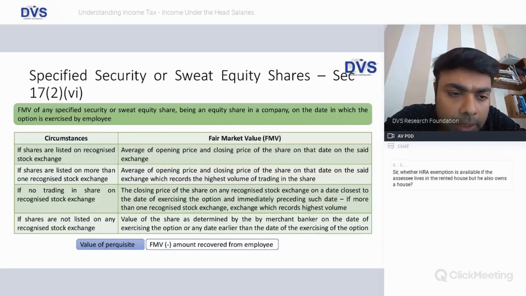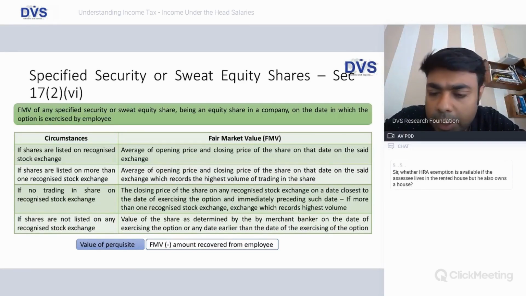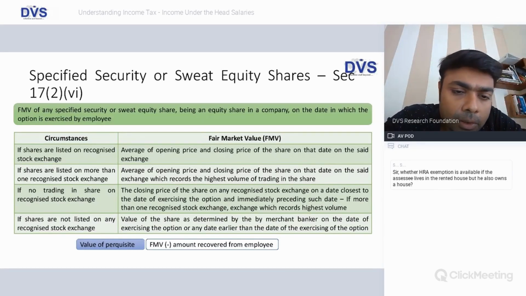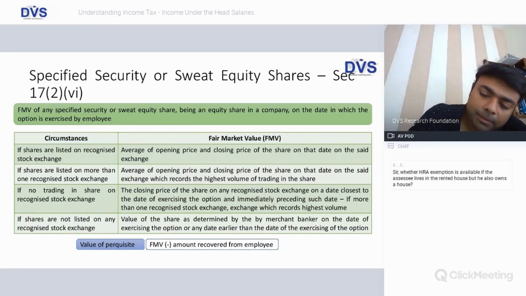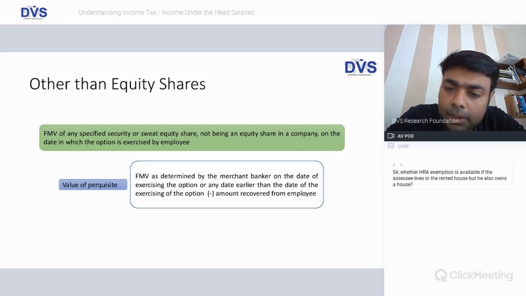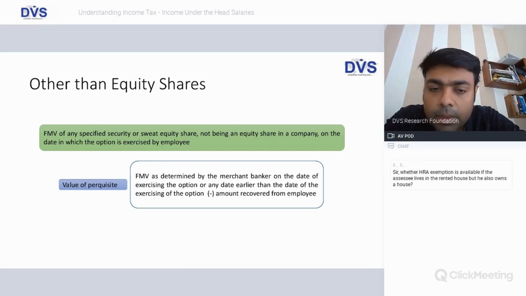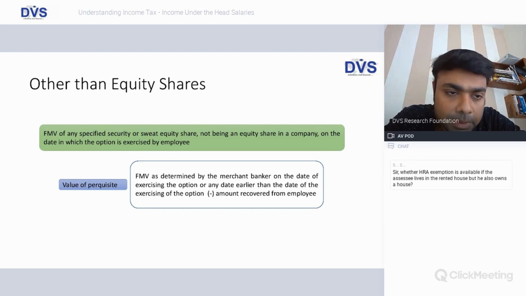If there is no trading on the share on the recognized stock exchange, then take the date closest to the date of exercise, preceding the date of exercise. And if the shares are not listed, then you go through a merchant banker valuation. So that becomes a fair market value of the share. You reduce whatever is the amount received from the employee, that becomes the value of taxable perquisite.